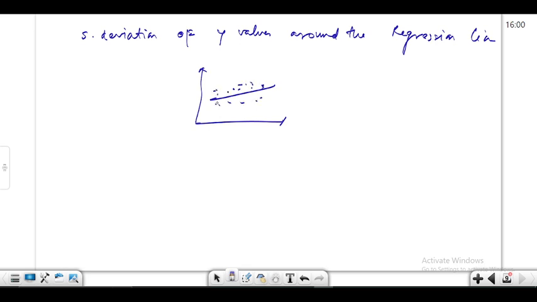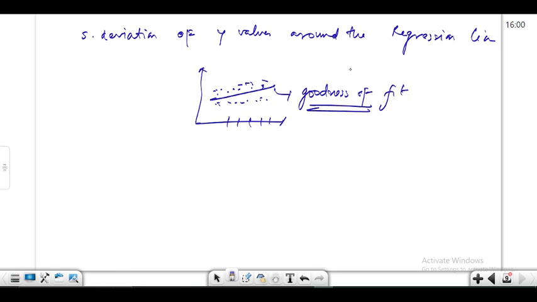It measures the standard deviation of these y values for the respective x values. So we'll talk about goodness of fit.